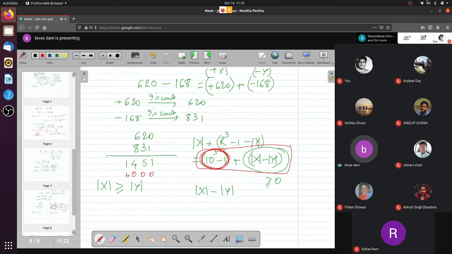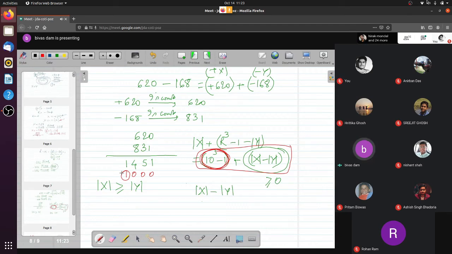If you have a 3-digit number system, this 1 will come in position number 3, which is out of the number system width. Clear or not? Yes, sir.